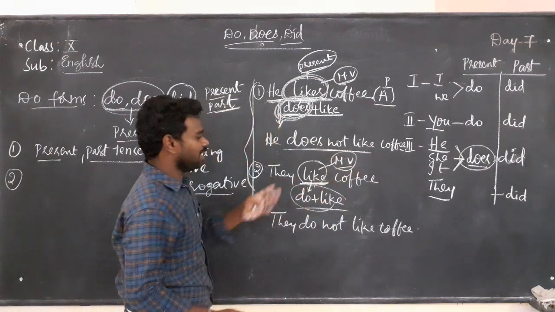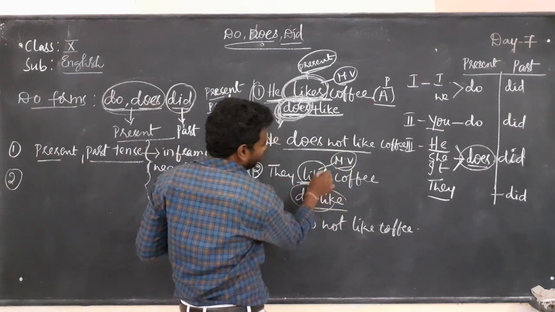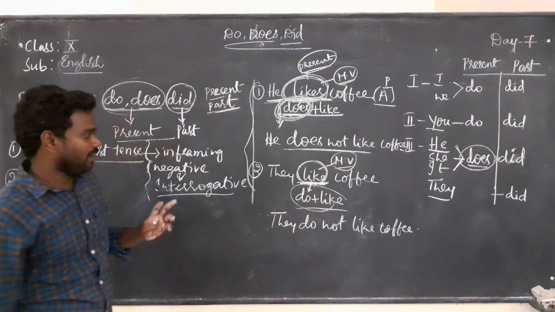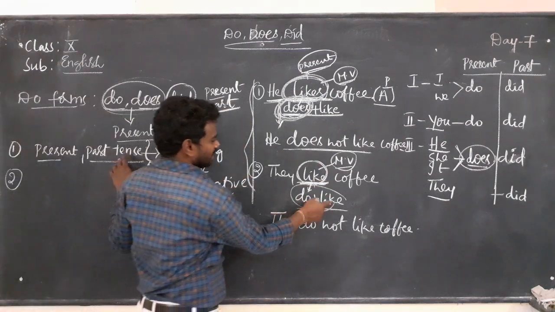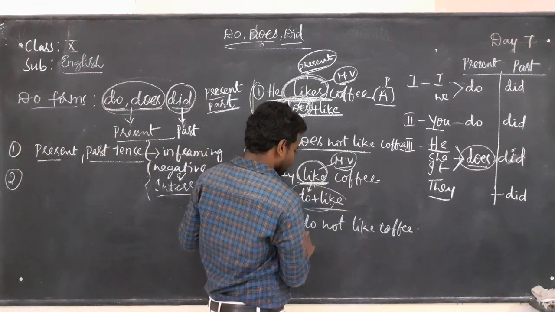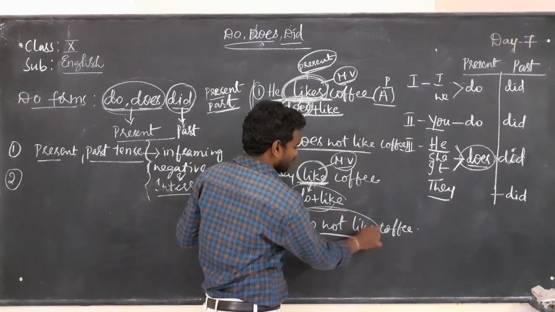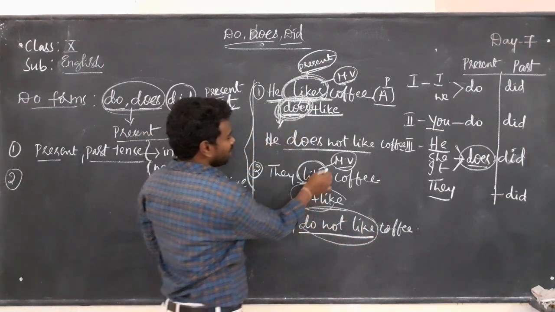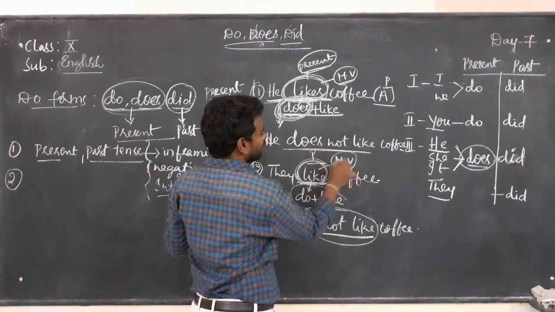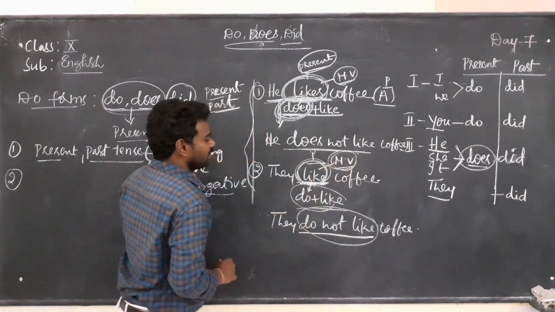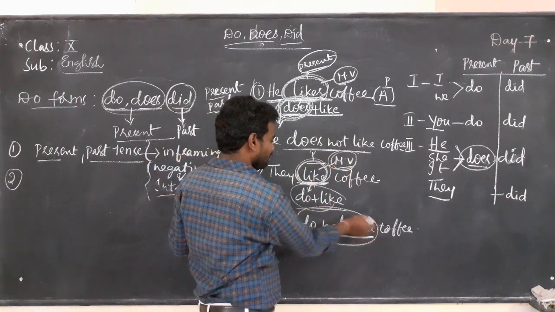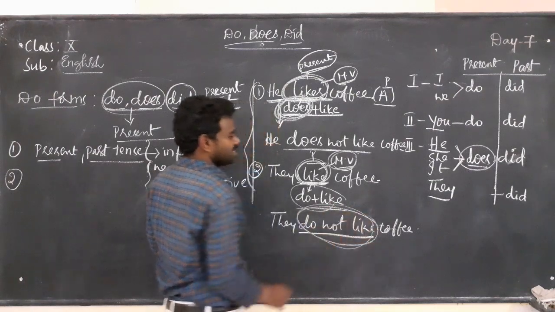So for example, they like coffee. Like is here do plus like, right? So how is the negative? Do not like coffee. So here like is present form and the verb is main, right? So here do not like is negative form, right?